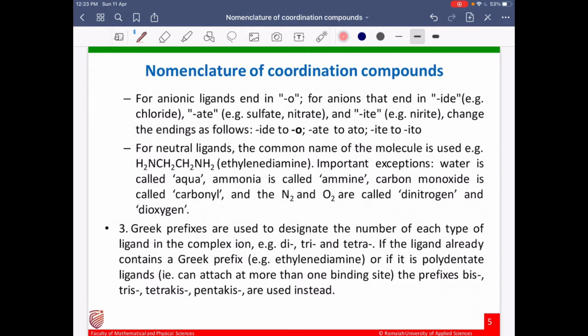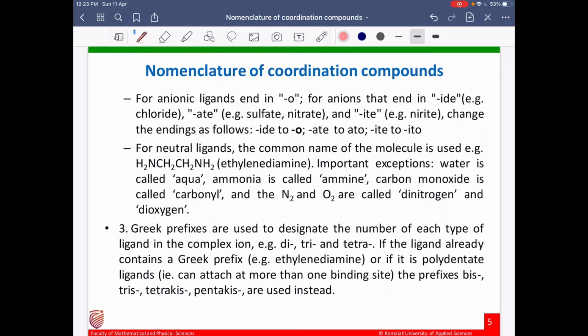If it is nitrite, it will be nitrito. For neutral molecules, the common name of the molecule is used. For example, ethylene diamine, but water is called aqua, ammonia is called ammine, carbon monoxide is known as carbonyl, and nitrogen and oxygen are called dinitrogen and dioxygen.